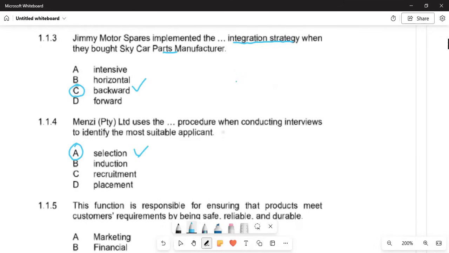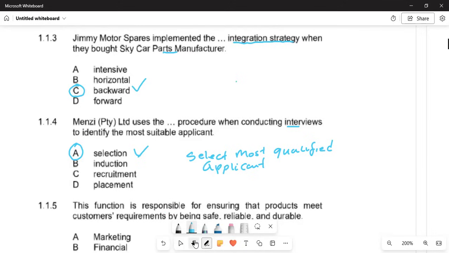This is where you conduct interviews because you want to select the most qualified applicant.